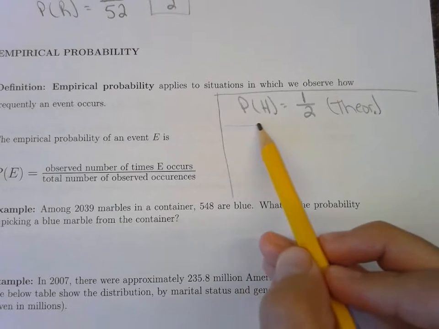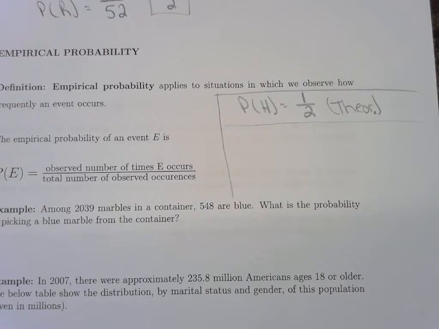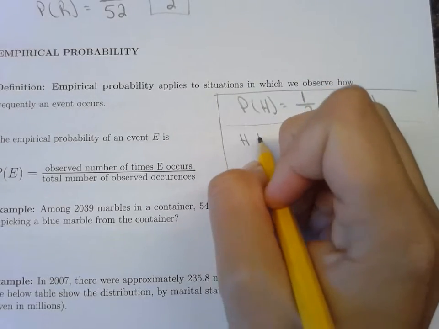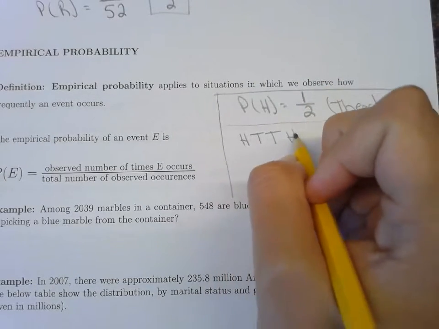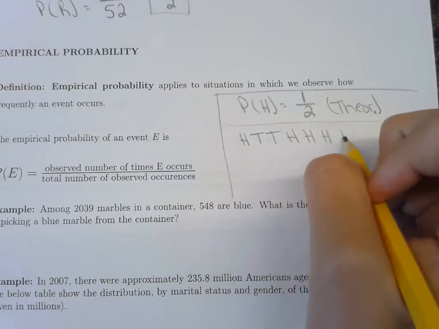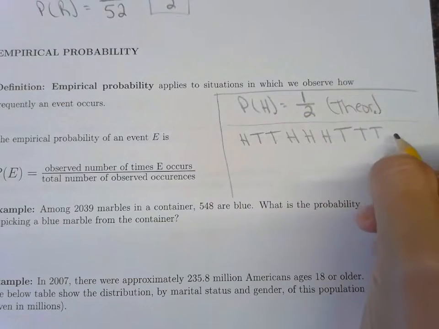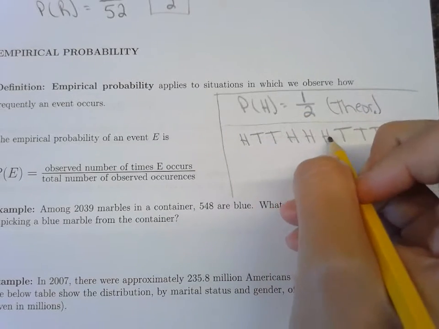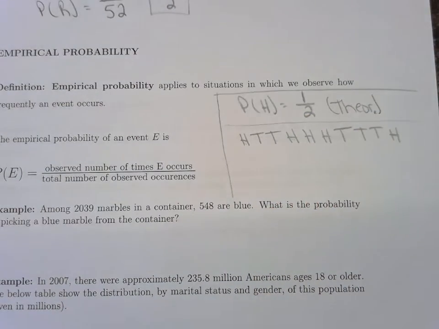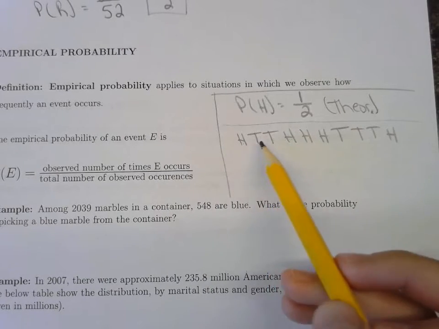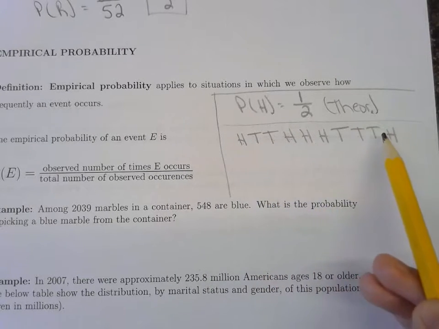But let's say you actually do an experiment and you flip a coin 10 times. Let's say you get heads, tails, tails, heads, heads, heads, tails, tails, tails, heads. I'm just making those up. So let's say you flip a coin 10 times. These are your results.